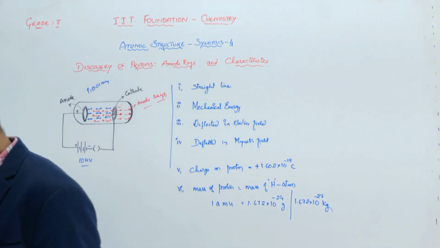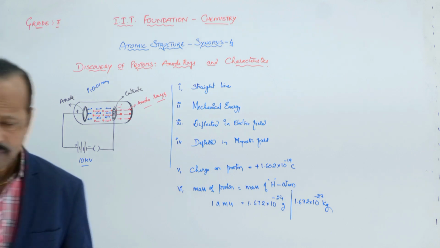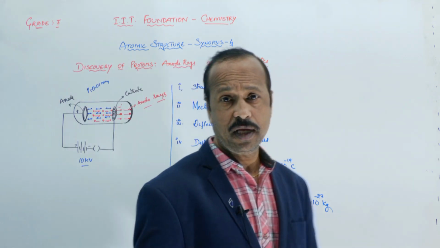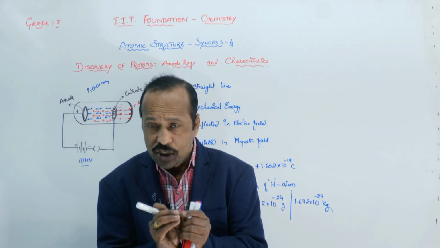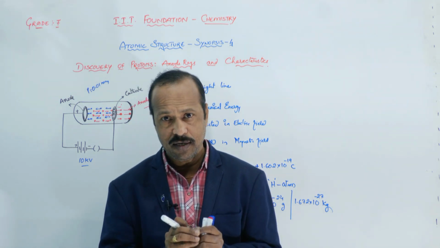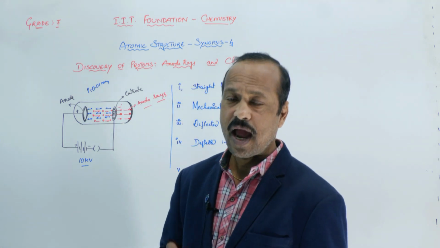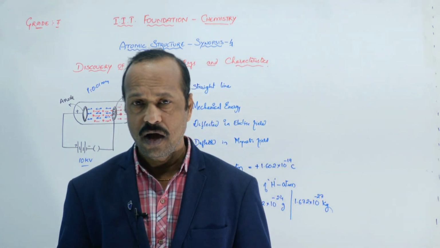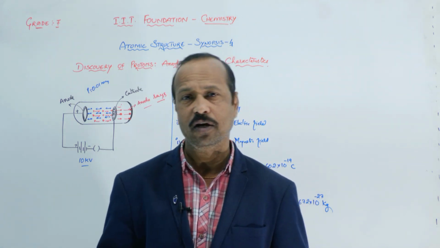Now we discuss the atomic model. What is the atomic model? The distribution of charge and mass in an atom is called the atomic model.